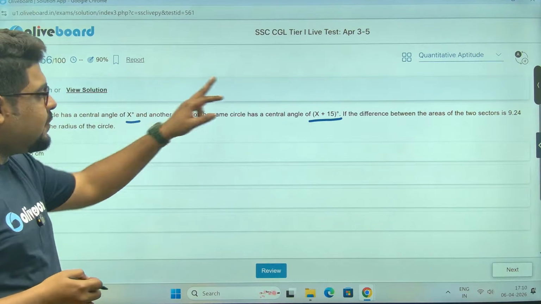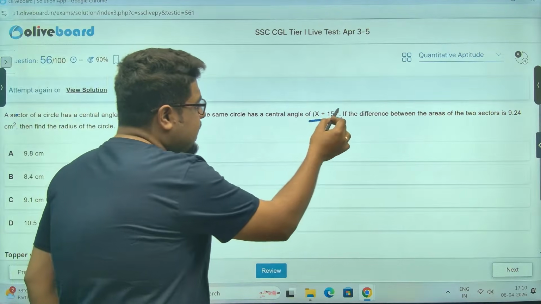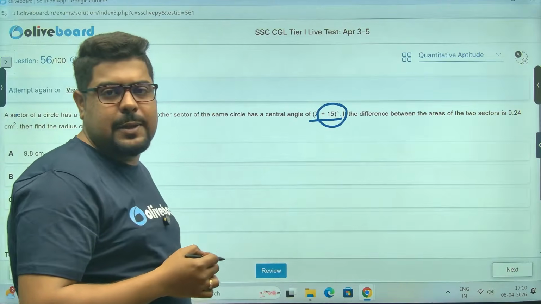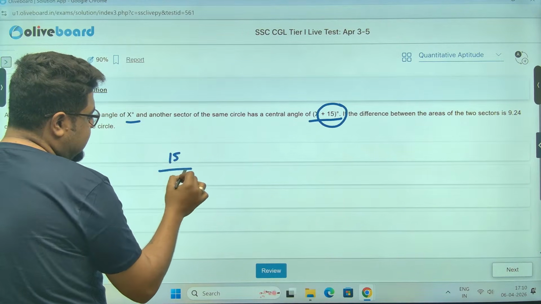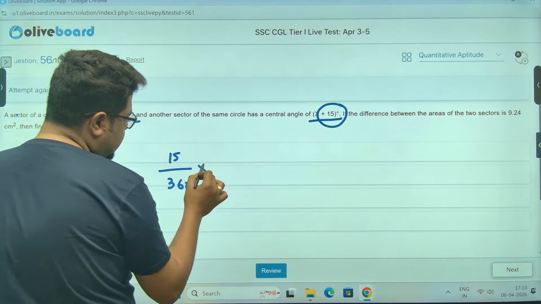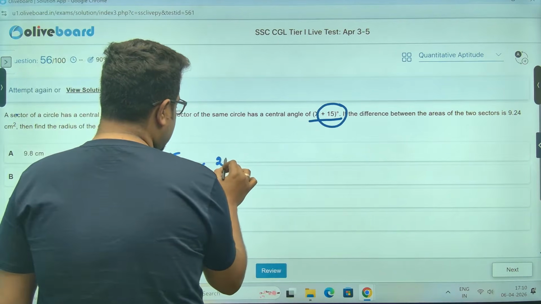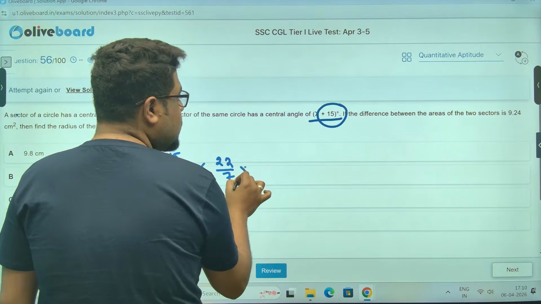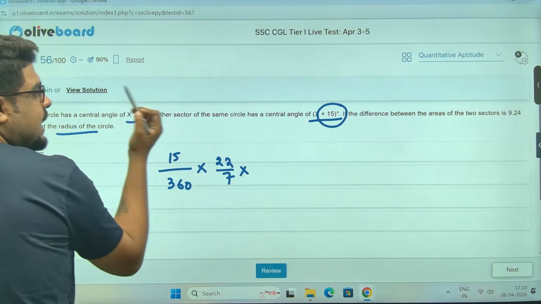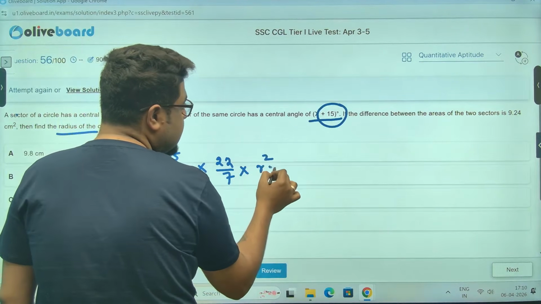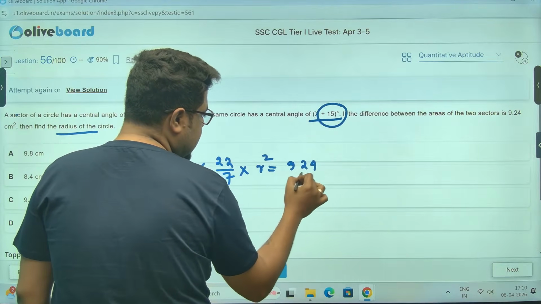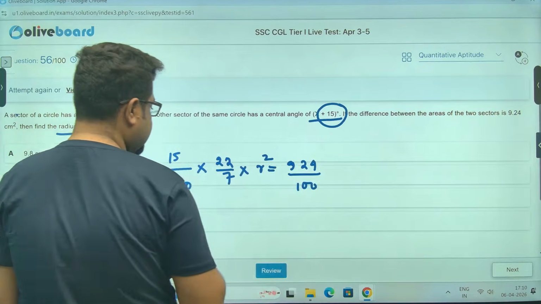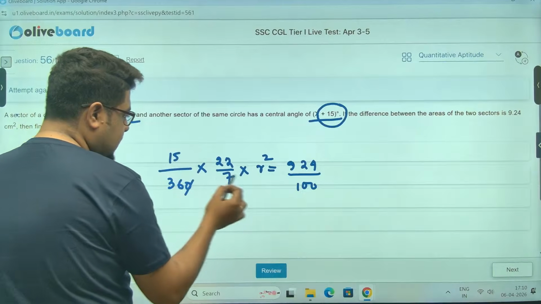So the difference of area will be created from this 15 degrees. So that means 15 theta by 360 into pi r square, 22 by 7 into r square. Radius only they are asking us to find, so r square is 9.24, meaning 924 by 100. So 0 and 0 are gone.